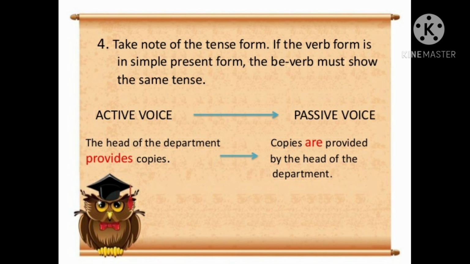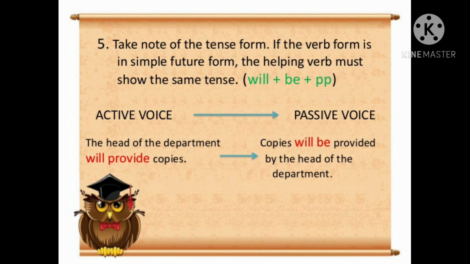It is written in simple present. So we have already learnt the general rule. Simple present form, how will we write it? Is or are plus V3 if we change into a passive voice. So here provides will change into are provided. Why have I written are here? Because copies is in plural form. Okay children? So copies are provided by the head of the department.